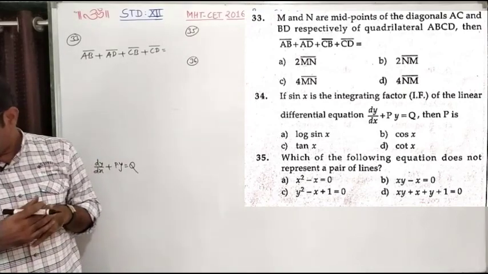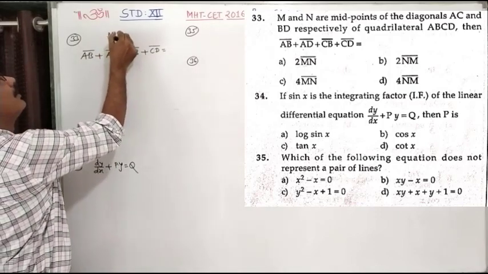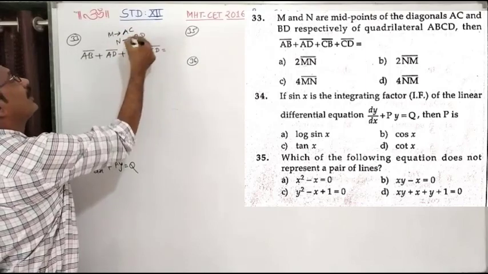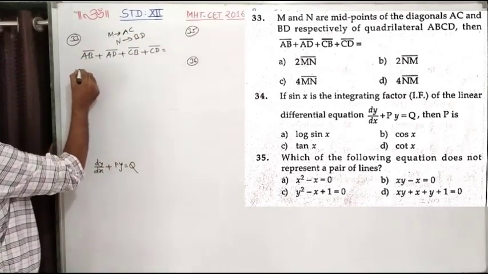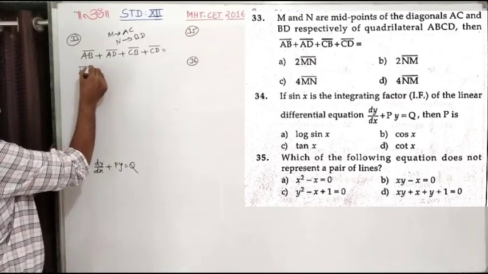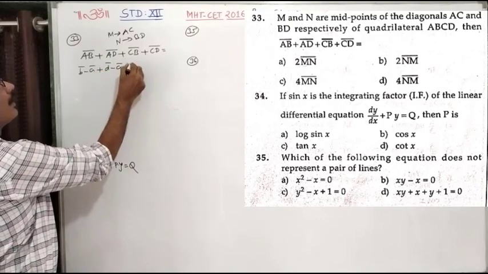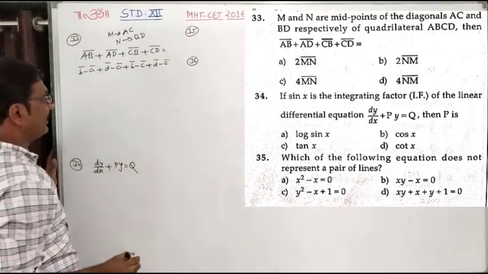What is the question? M and N are the midpoints. M is a midpoint of AC, N is a midpoint of BD. Okay? Let us first think about this. You can write it like this, by the position vectors.